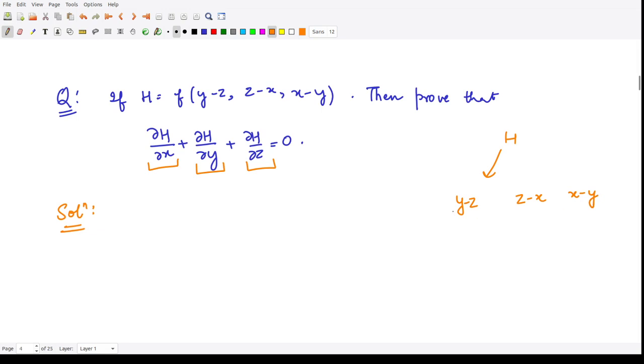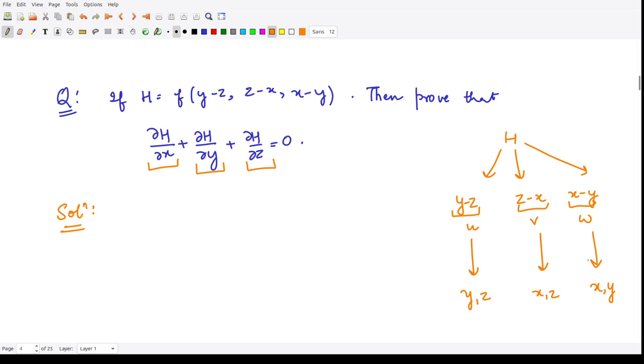So you could rename these variables as u, v, and w. And further, u is a function of y and z, v is a function of x and z, and w is a function of x and y. So this is the situation here.